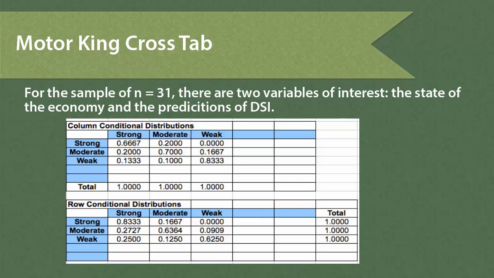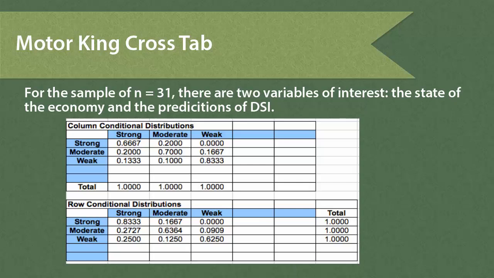But it's really important that we understand, if we're using cross tabulation, which is the row variable and which is the column variable. So again, the way I've set this up, the row variable is the prediction of DSI. The column variable is the actual state of the economy.